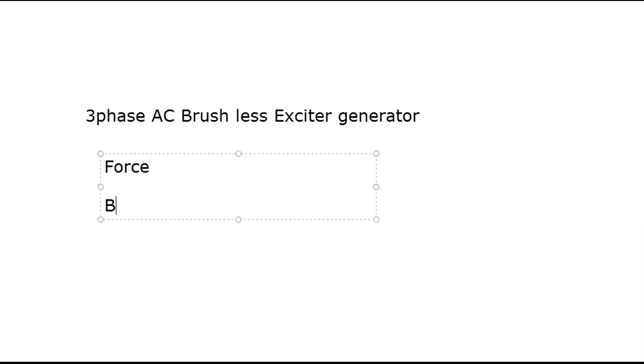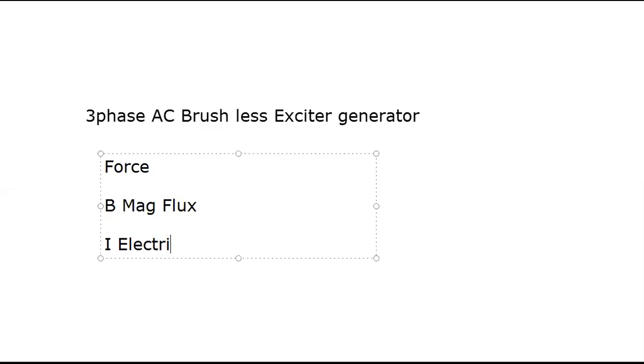B, magnetic flux. I, electric current. This is the basic principle for any electric machine.